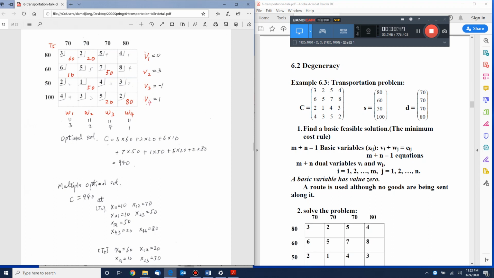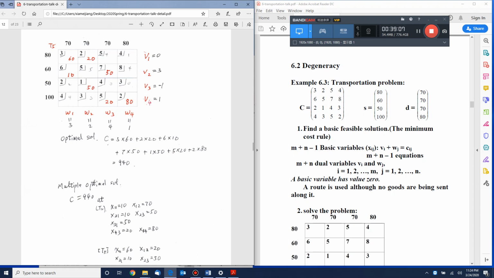And you could see that each dual variable appears twice, right? So in this way, we set v1 equals 0, and then we get v2 equals 3, v3 equals minus 1, v4 equals 1. And w1 equals 3, w2 equals 2, w3 equals 4, w4 equals 1.